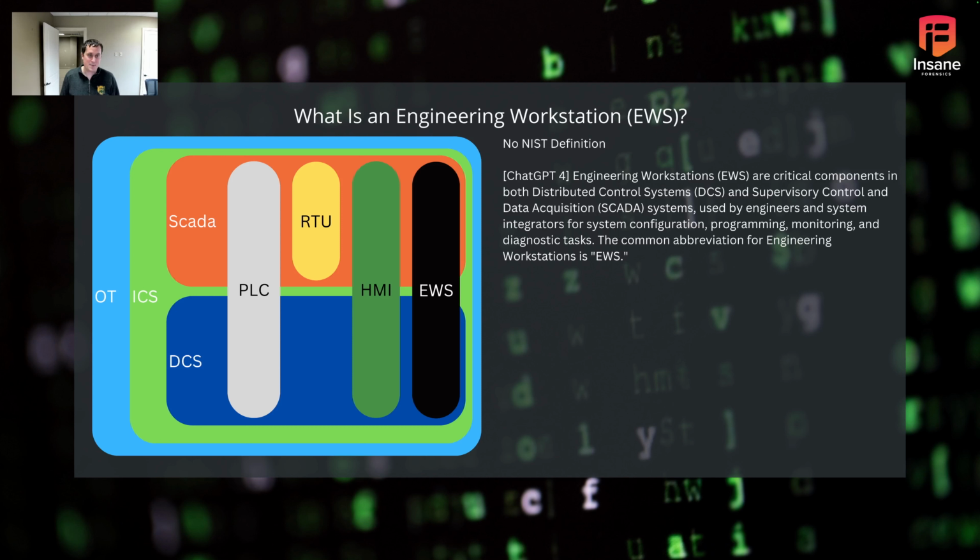Your HMI is oftentimes used for that day-to-day monitoring and simple configuration side, to where your engineering workstations are often used for writing that logic and pushing it back out, for doing certain diagnostic and programming tasks, configuration change tasks. So when you hear about EWS, that's another core one that you'll see out there.